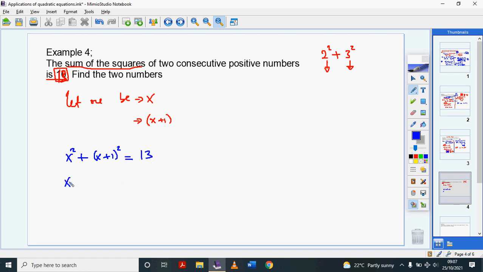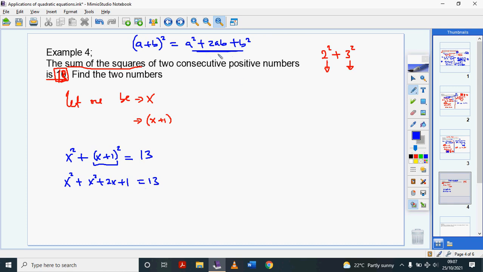So let's see, this is x squared plus, when I expand this out, I hope you guys remember the product (a plus b) squared is equal to a squared plus 2ab plus b squared. That's what I'm going to use, right? So that will give me x squared plus 2x plus 1 is equal to 13.